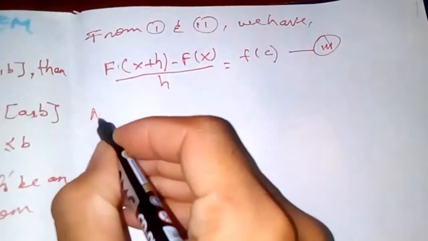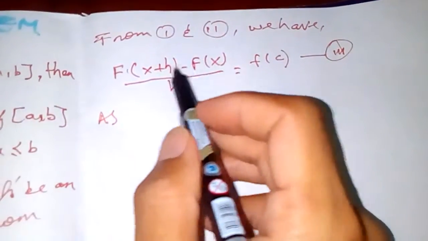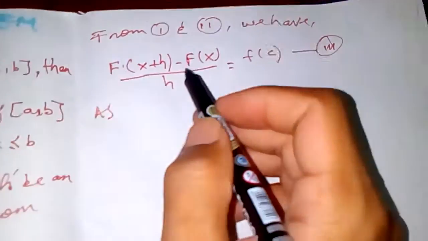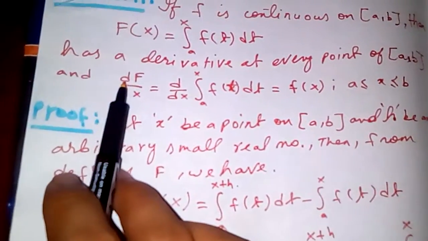Now let's take the limit so that we get the left-hand side as the derivative dF by dx.